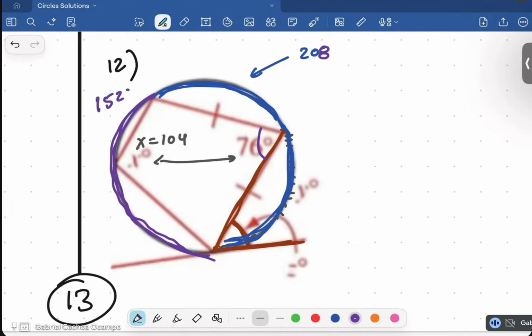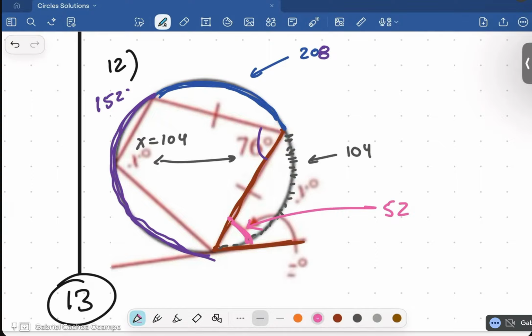So that means that arc Y measures half of 208. So this arc measures 104, because it's half of what was the blue arc. Okay, and that means that angle Y is half of it. O sea, angle C is gonna be 52.